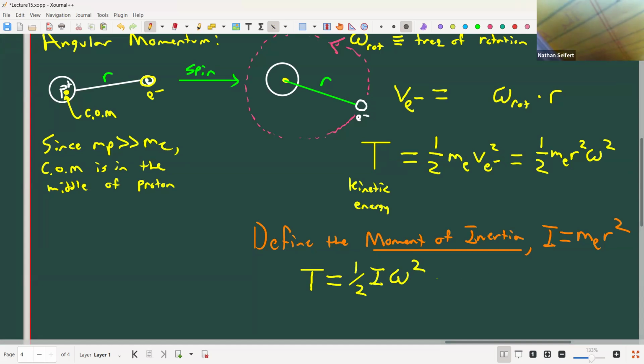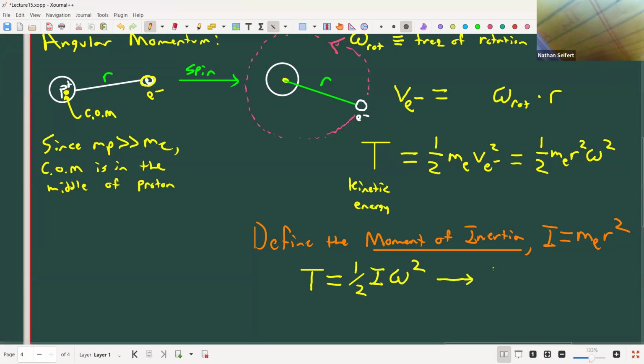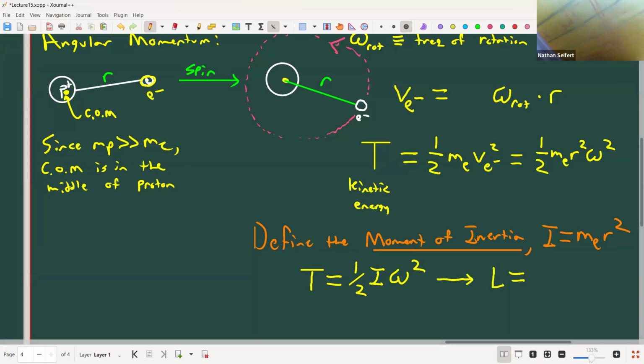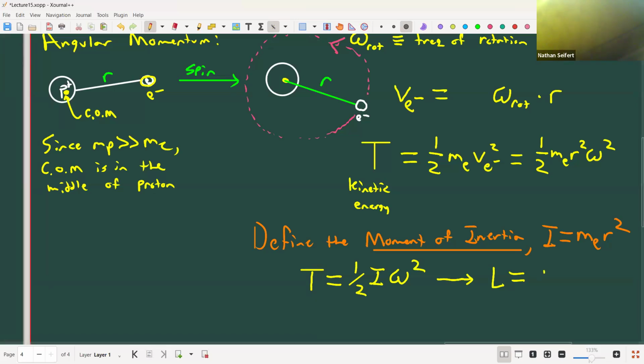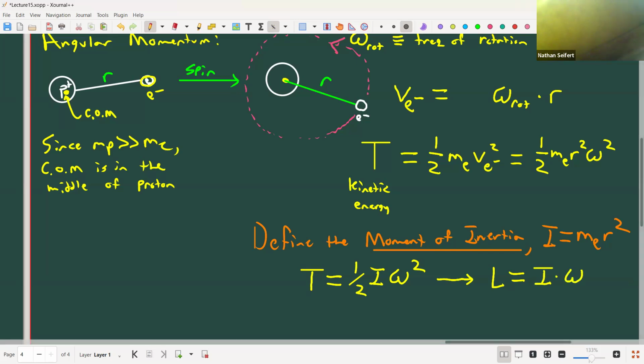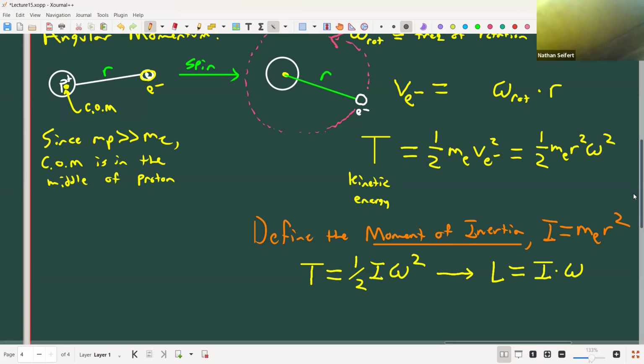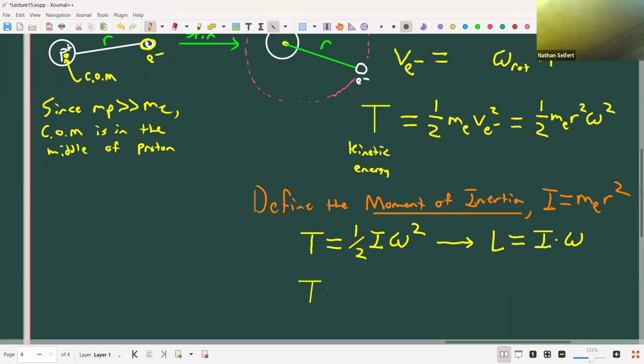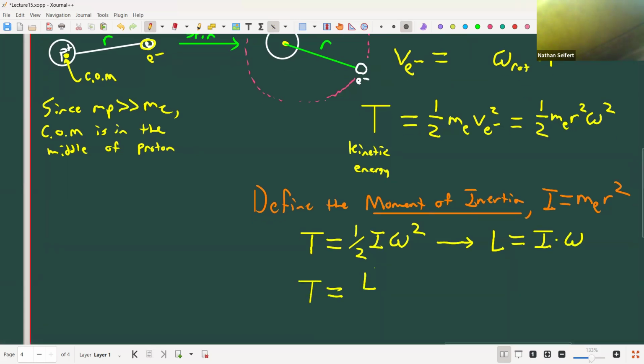And then by the definition of angular momentum, L is I times the angular frequency, we can write that the kinetic energy of the system is the square of the angular momentum divided by 2I.